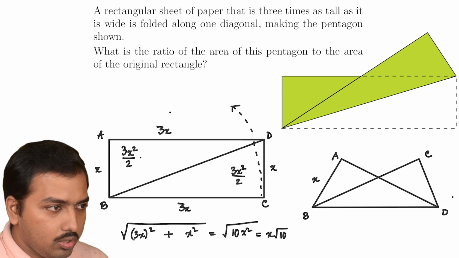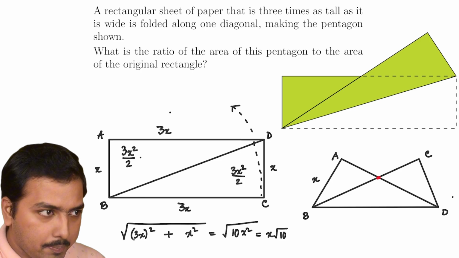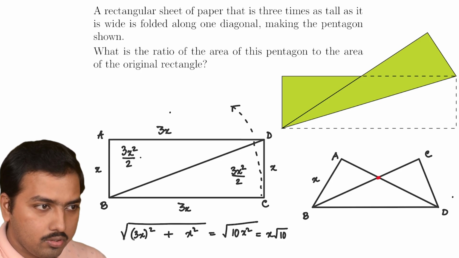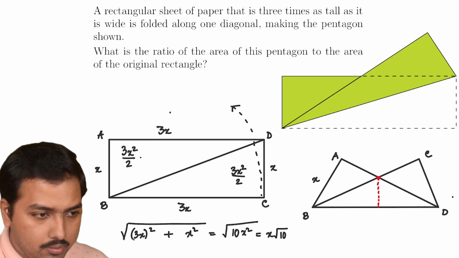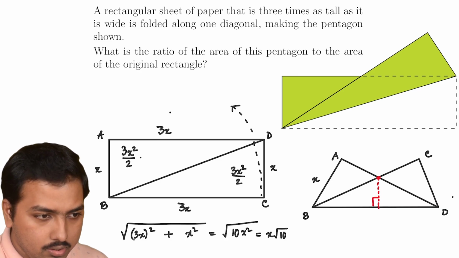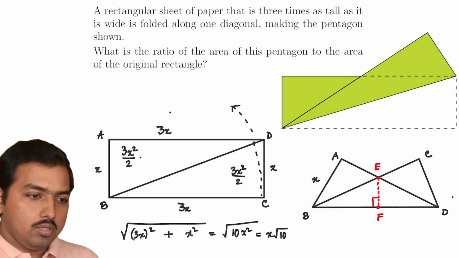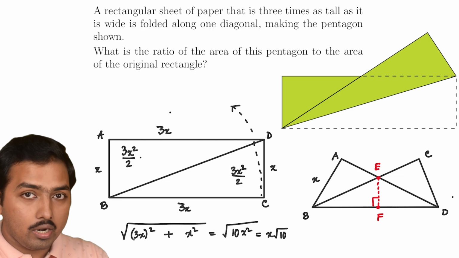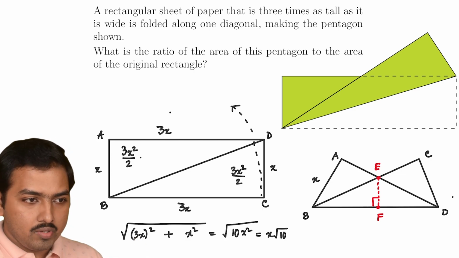So let's focus on this point. If we draw a perpendicular from that to BD, let's name these points E and F. Now, what is required here? Let's first understand how I can get the area of the pentagon.